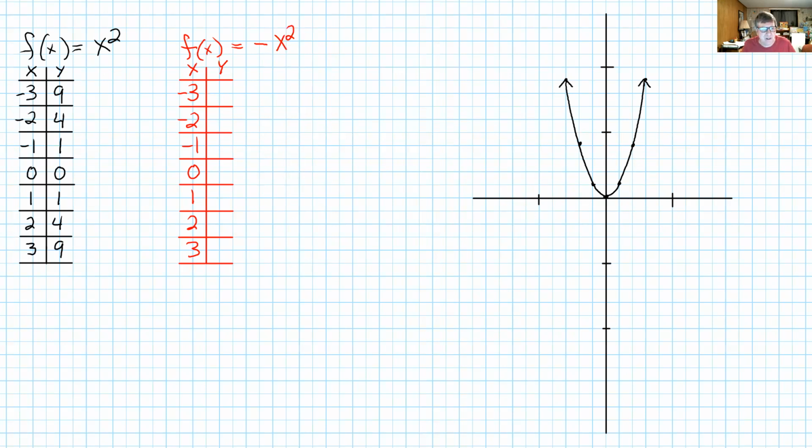Let's see what a negative does. Well, wouldn't this be the same as that? Because you'd put the number in. So f of -3 equals negative the quantity x squared, which is -9. So you do the square and then apply the negative sign. So these are all going to be switched.